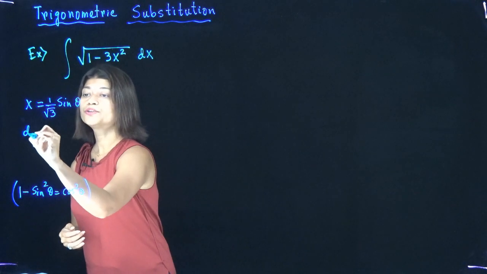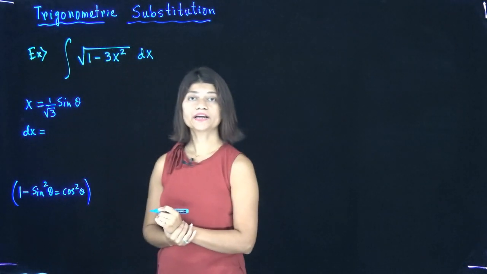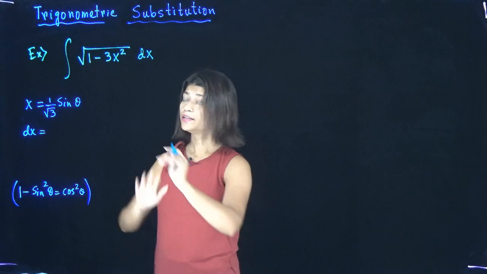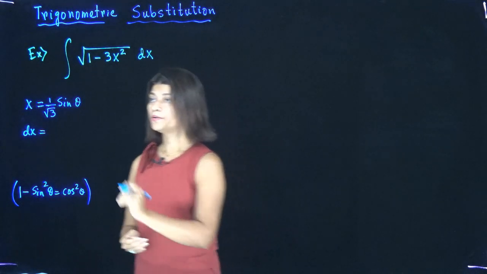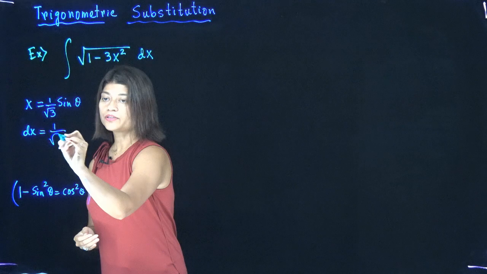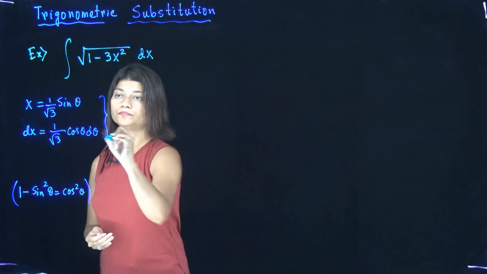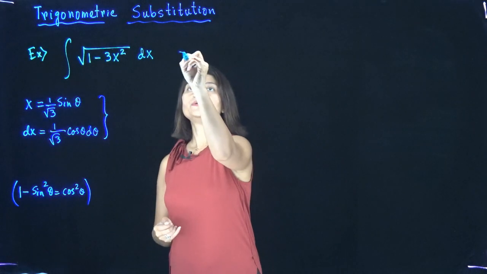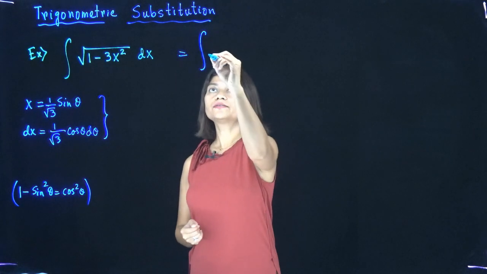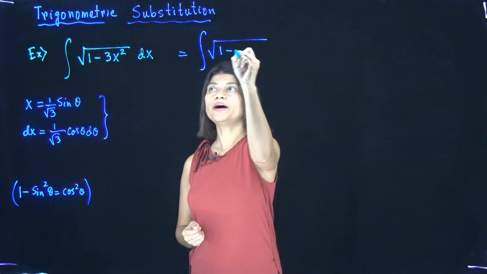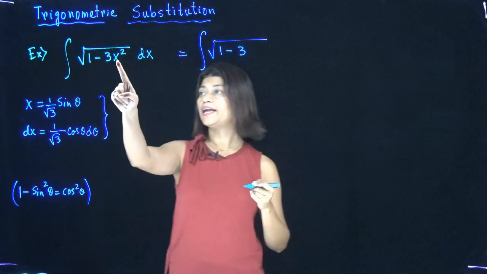And do not forget to immediately write down the dx, because that's a mistake. If you make it, the entire problem is wrong. Okay, so what is the derivative? The constant remains as it is, sine theta becomes cosine theta. Let's plug everything in. Inside the square root, I will have 1 minus 3, now be careful, x squared.